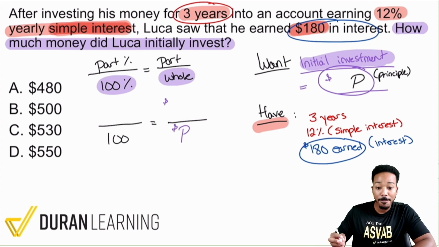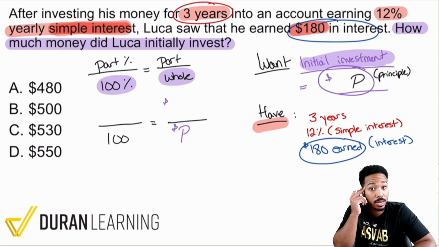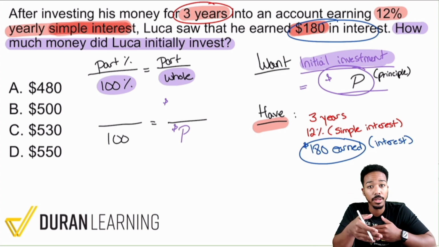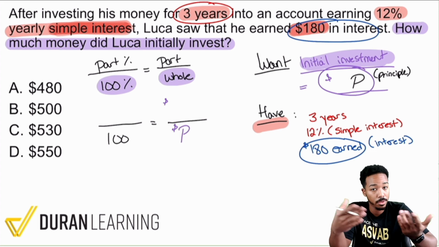So if I wanted to, I can take a look at this and say, hey, if I earned 180 bucks over 3 years, if that's the interest that I earned over 3 years, well, think about it. How much would I have earned in 1 year? Again, you have to use your understanding of simple interest here. Remember, what you earn in year 1 is the same as year 2, the same as year 3, year 4, and forever.